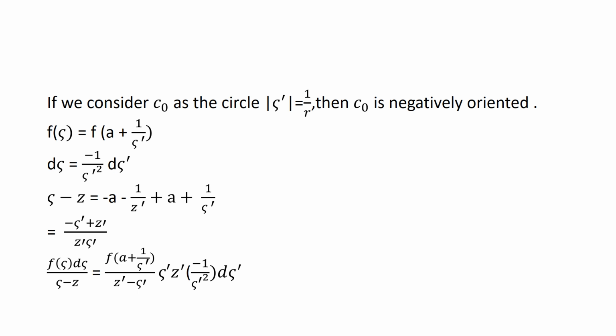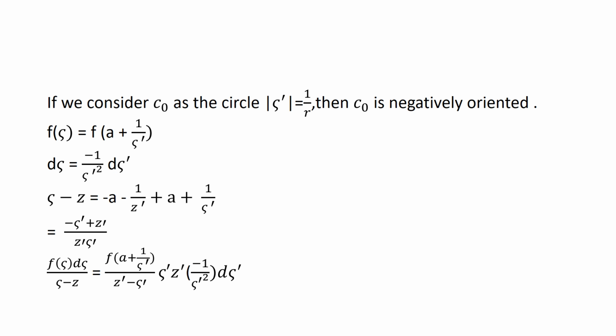Now we can write f of zeta as f of a plus 1 by zeta dash. Since zeta is a plus 1 by zeta dash, differentiating we get d zeta as minus 1 by zeta dash square into d zeta dash. And zeta minus z will take the form a plus 1 by zeta dash minus a minus 1 by z dash, which is zeta minus z.